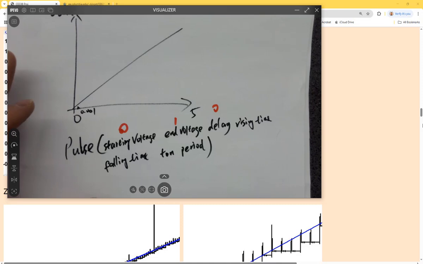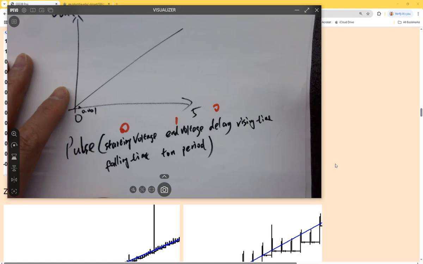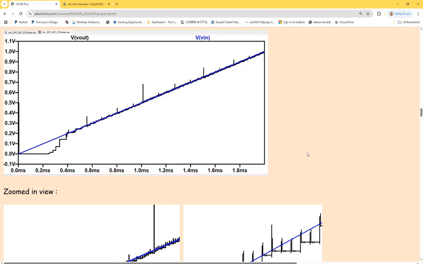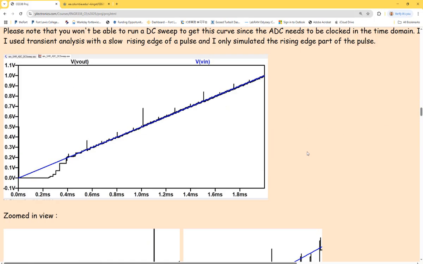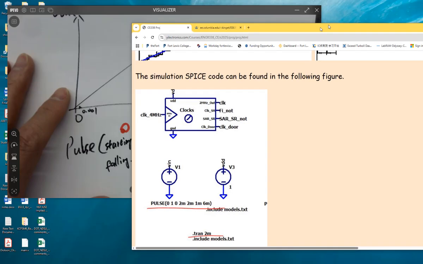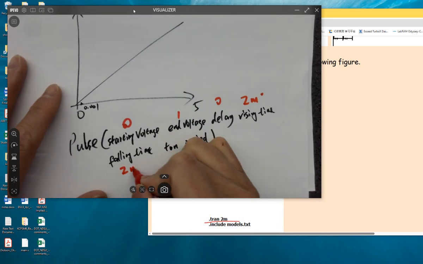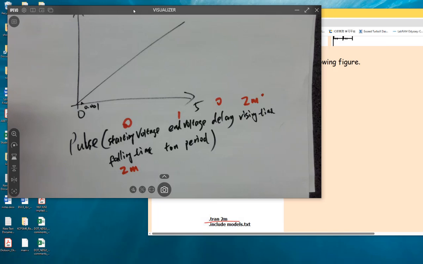Make the rising time really long. What did I use over here? I used 2 milliseconds. Falling time, 2 milliseconds. We're not even looking at the falling time, this is okay.